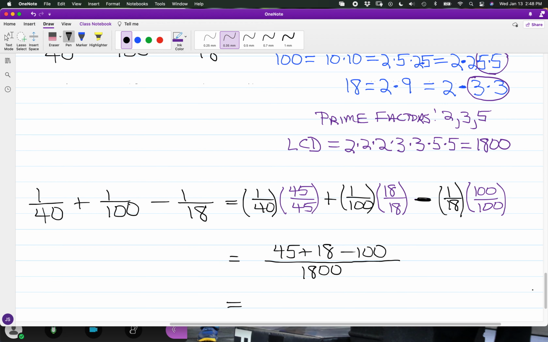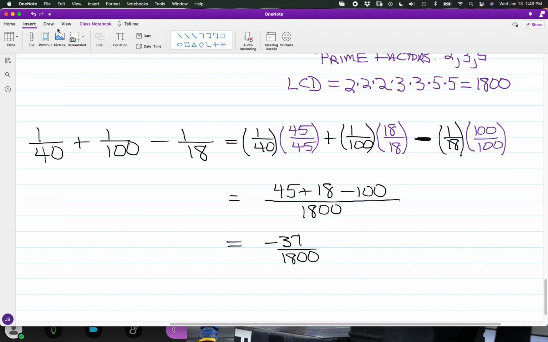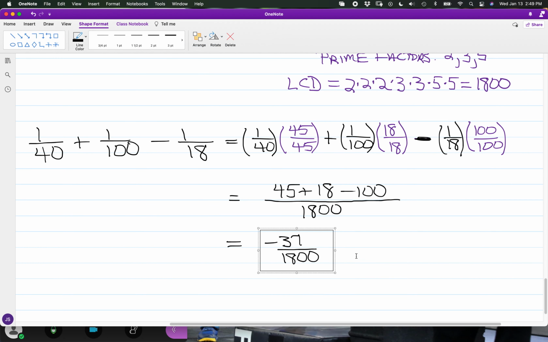And if we combine the numerators, 45 plus 18 is 63, and 63 minus 100 is going to be minus 37. So for the combination that we have here, we're going to end up at minus 37 over 1800.